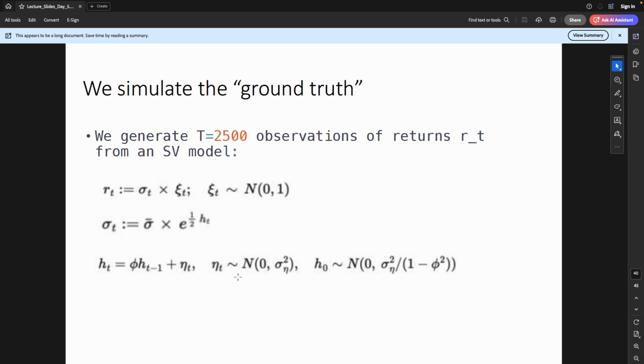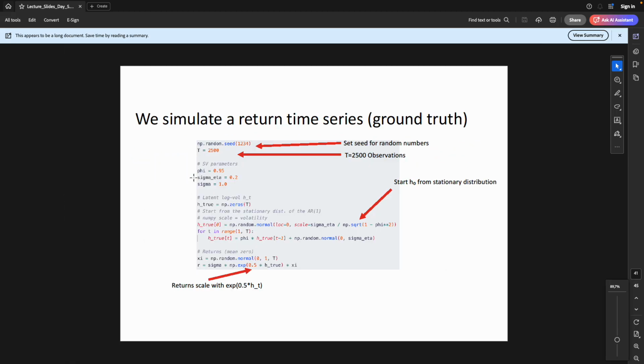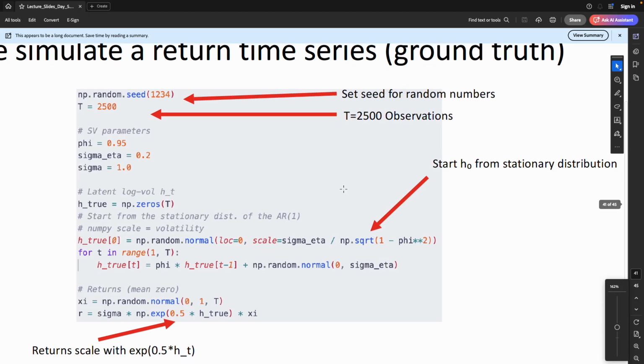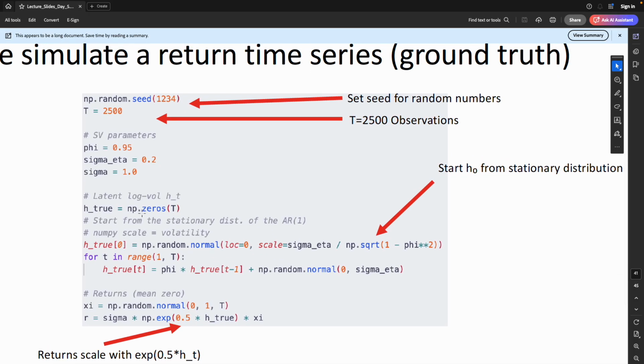We even have a correlation between these two shocks, and then you are simulating this entire R_t. This also shows what the problem set looks like. It looks like this page, but we left out the inside of the loop here. So it's not too difficult, but it's a good learning point for you.